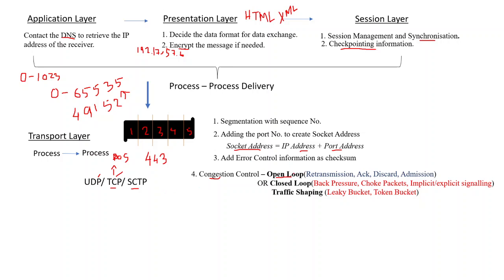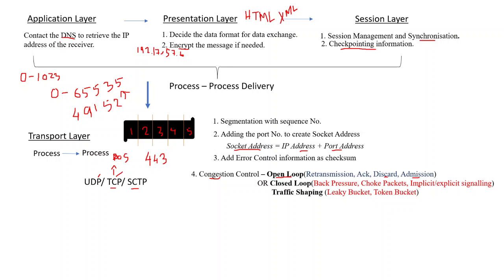Especially TCP has a very good retransmission policy that makes sure that the congestion doesn't happen. And discard and admission is like, say when the traffic is getting heavier, the nodes start discarding packets or start discarding the messages you send to them. And same with the admission control.